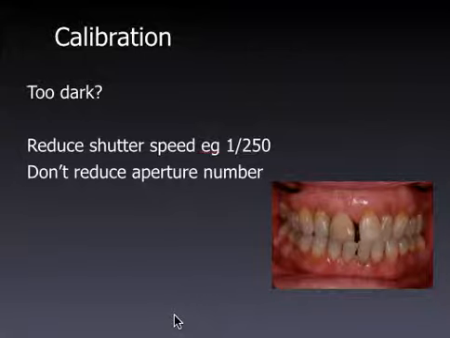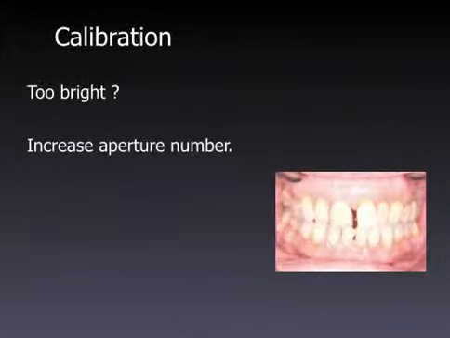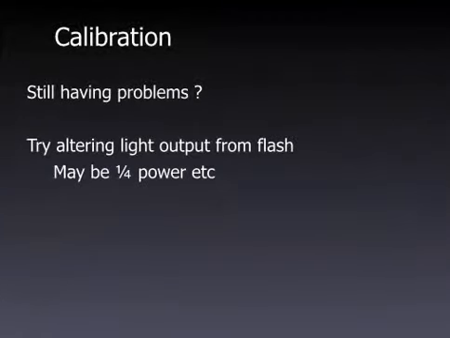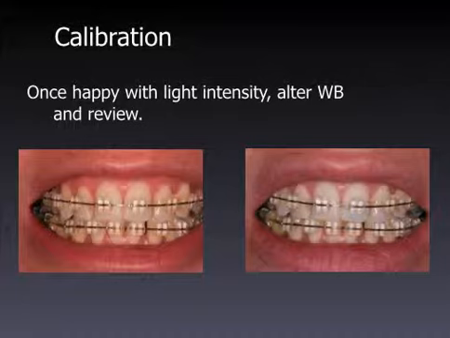Don't alter the aperture number. If they're too white, maybe increase the aperture number from f22 to f36, which will reduce the light and still give you an excellent depth of field. Or alter the flash output on the camera, maybe to 1/4. I mentioned the white balance, and it's basically working through these until you get an image that you feel is satisfactory.